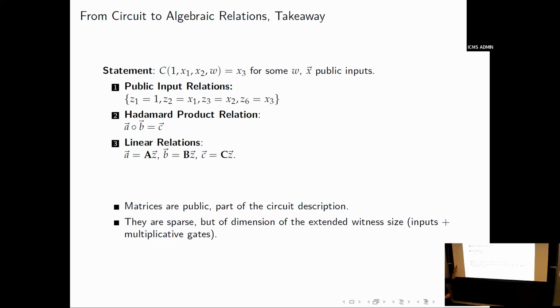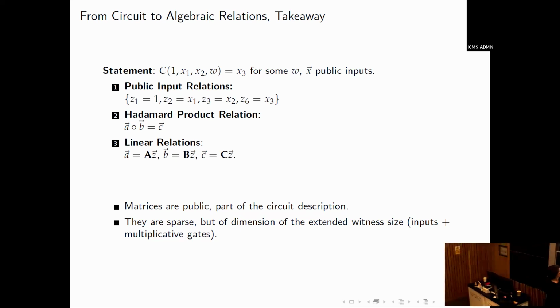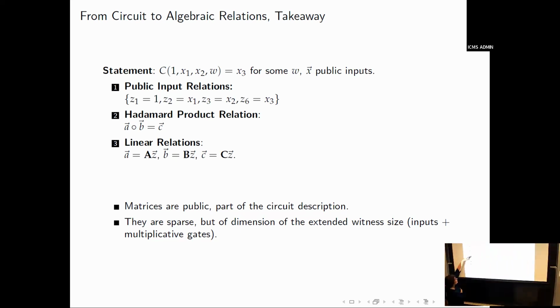And then you have to prove a linear relation: there exists a single value Z such that A, which are the left outputs, is equal to A times Z, B is B times Z, and C is C times Z.